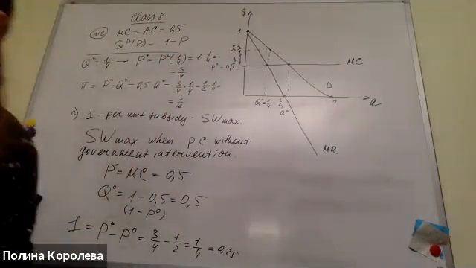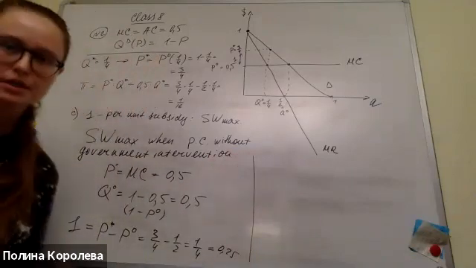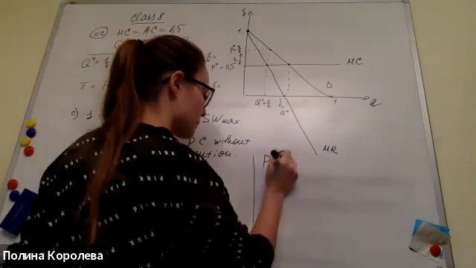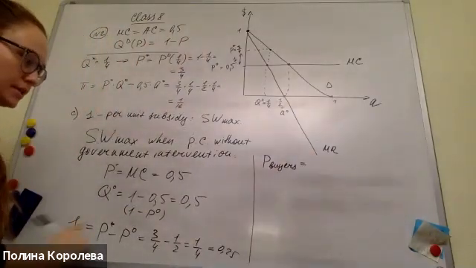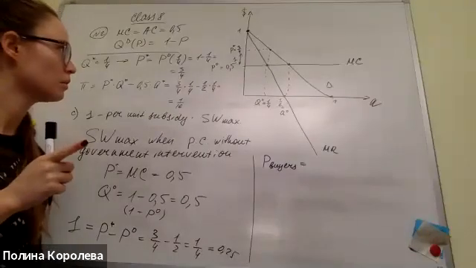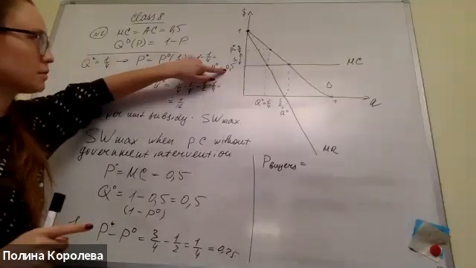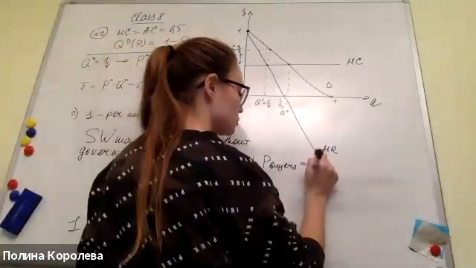And now, how much will our buyers, our consumers, pay? The price of buyers after such a subsidy. They will pay 0.5. They will see in supermarkets the price 0.5.